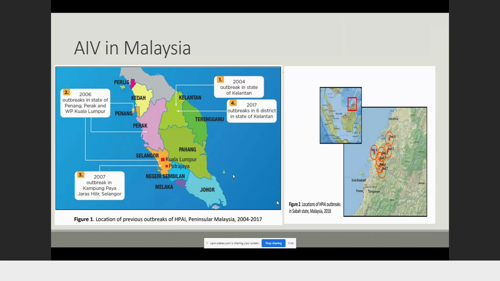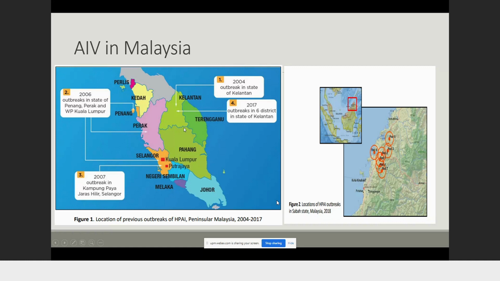We have actually encountered outbreaks of highly pathogenic avian influenza: back in 2004 there was an outbreak in Kelantan, in 2006 in the northern states and the central states, in 2007 in Selangor, and recently in 2017 in Kelantan. The most recent one in Borneo is in Tuaran, Sabah, which was isolated in 2018.